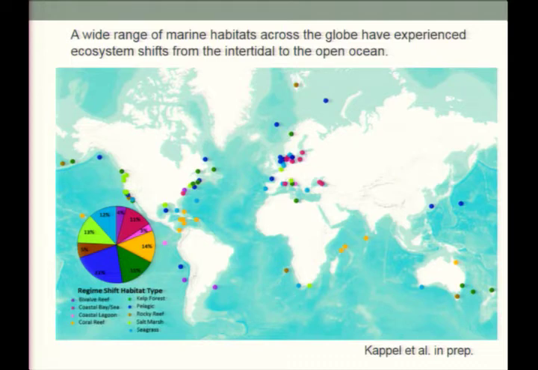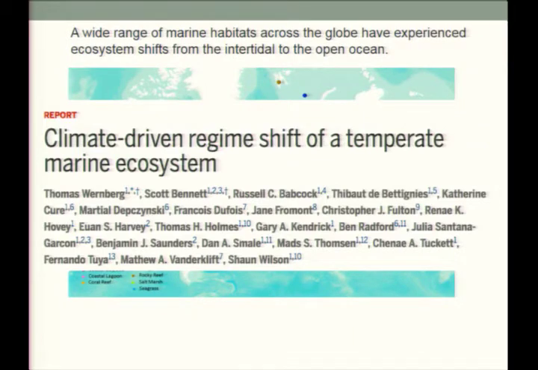The colored dots here indicate different types of habitats and illustrates that these tipping points have occurred in reef systems, coral reefs, rocky reefs, also kelp forest systems, pelagic systems, salt marshes, seagrasses, etc. And also, as Phil pointed out, there continue to be a growing number of examples of regime shifts or tipping points in marine systems. This paper, which documents climate-driven regime shifts on a kelp forest ecosystem in Australia, just came out in Science a couple weeks ago.